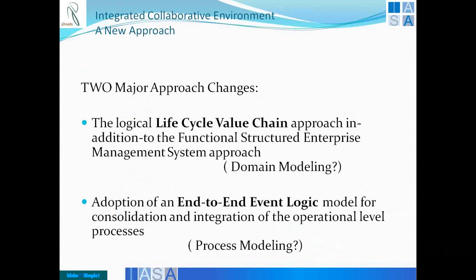What we are suggesting in all this is you must have two focuses, at least two of them. One is to achieve value chain through domain mapping. That is very important. It will be a functional, structured enterprise management system approach. The other one is to adopt an end-to-end event logic, that is a process dependency.